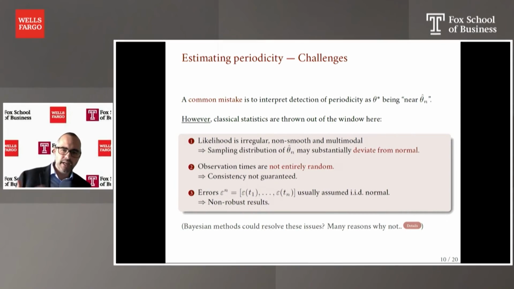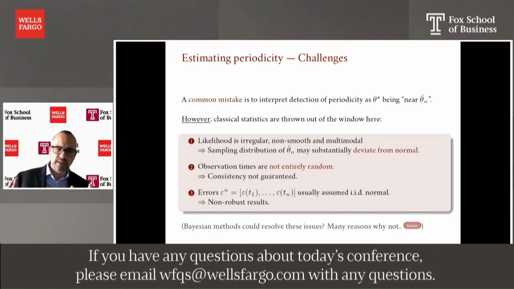The subtle underlying assumption is that theta star, the true value, has to be near the peak, right? That's usually a bias that everybody has: when we fit our models, we tend to think that the truth has to be near the peak of our likelihood, but that's not guaranteed in every application. In many cases, especially this one, we can be very far away.